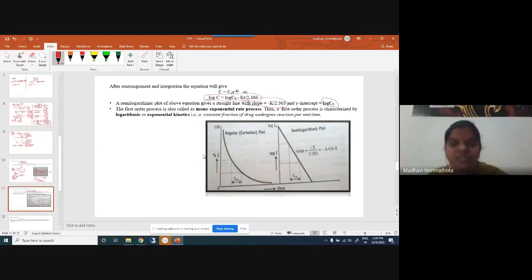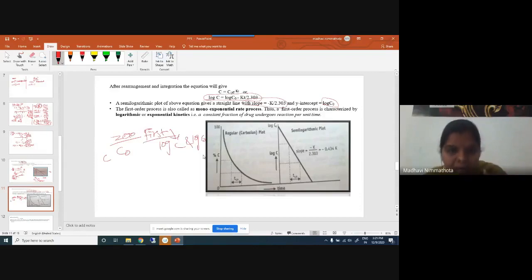So you just remember only one thing. In case of zero order kinetics, these will be plain C naught or C values. And in case of first order, those are logarithmic values, log C and log C naught. These come in first order kinetics.